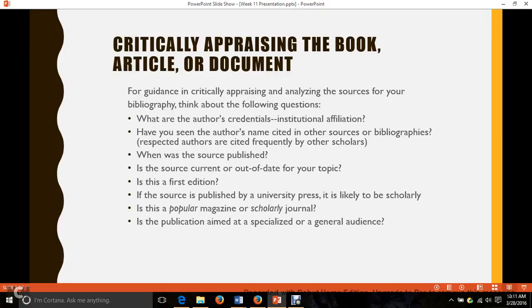Other things you can look at in terms of if it's out of date or not is if the work is a first edition or earlier edition and there are future editions. So, for instance, our textbook is the 6th edition of Academic Writing. I would guarantee that this has changed from the first edition. Usually authors provide new editions of the same text because they have updated material to share.